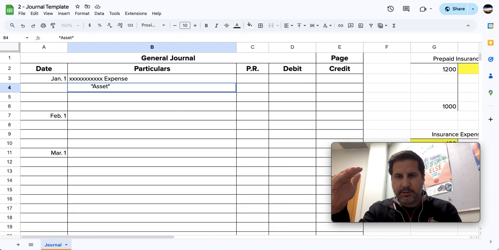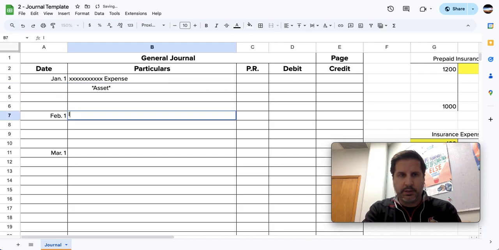So it's expense, debit, credit the asset. So it is insurance expense, and the asset is prepaid insurance. Or it's supplies expense. It's not prepaid supplies, it is supplies.